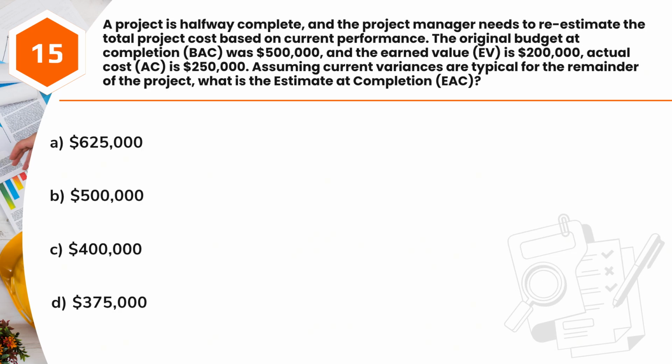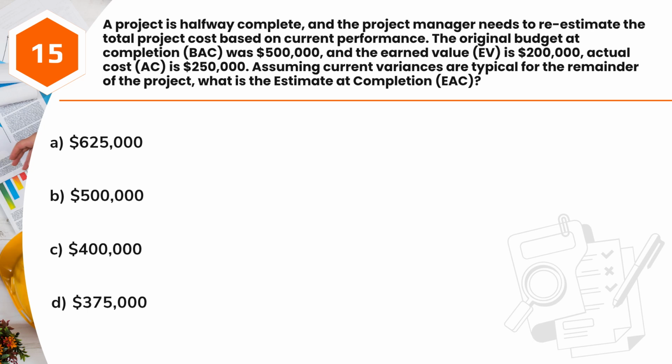Question 15. A project is halfway complete, and the project manager needs to re-estimate the total project cost based on current performance. The original budget at completion, BAC, was $500,000, and the earned value, EV, is $200,000, actual cost, AC, is $250,000.